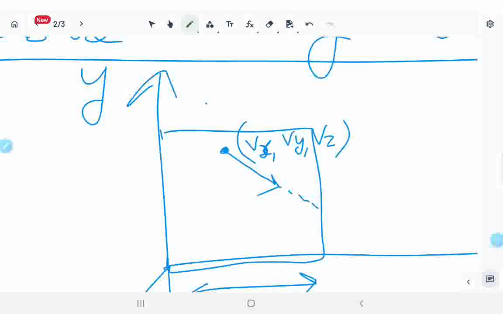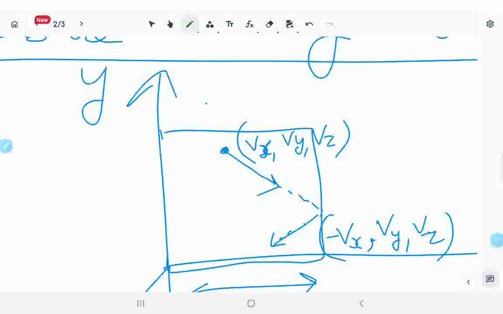When it collides with the wall perpendicular to the x-axis, it will rebound, bouncing back. Since the x component changes direction, the velocity will become minus Vx, but the y and z components remain as they are. There is no change in the y and z components.